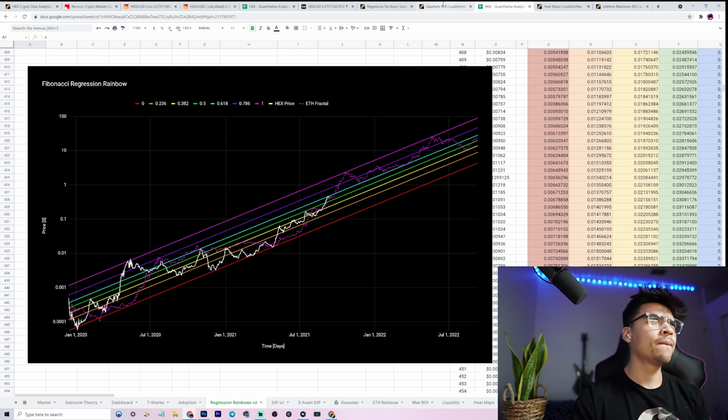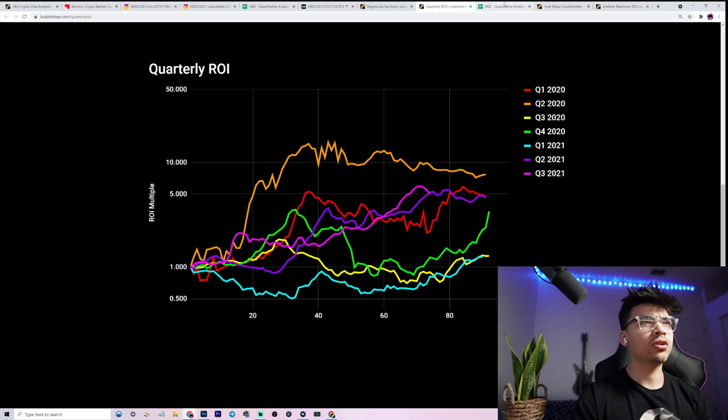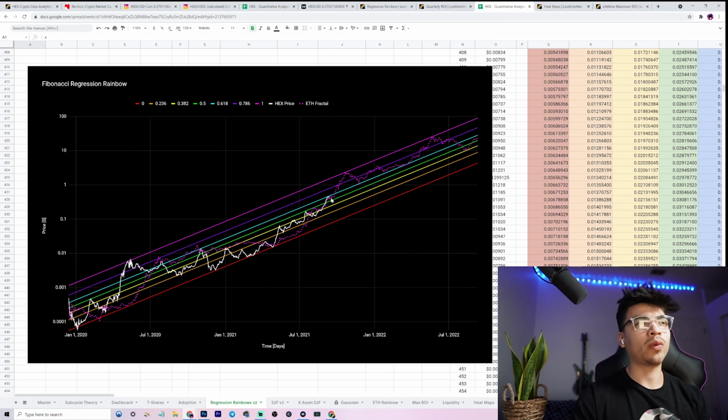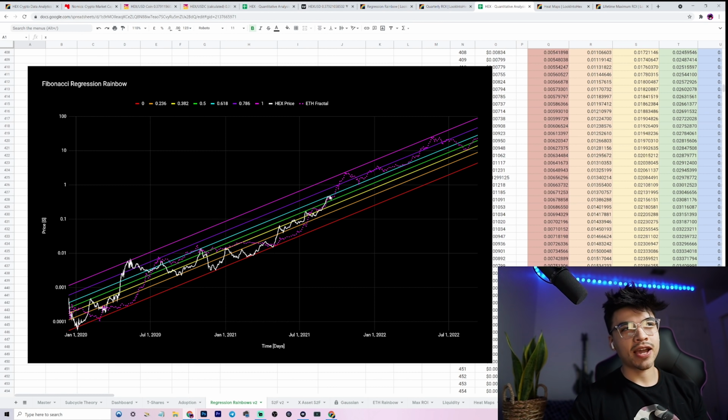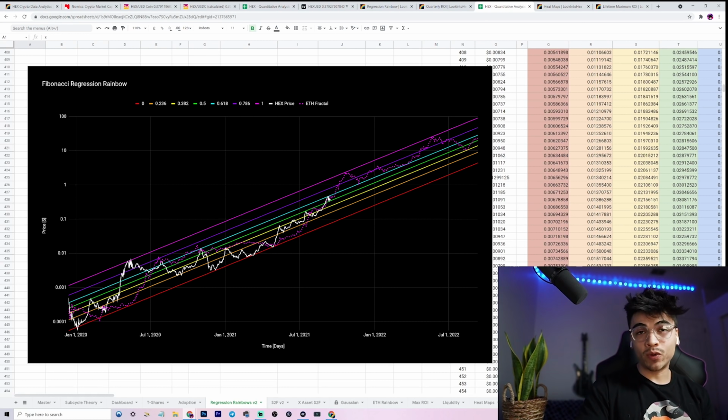This is another one, just another sort of validation for, well, we might go sideways for a bit here on the HEX versus ETH regression rainbow. It's saying if it were to track it perfectly, we would go sideways until about September 25th. So a couple weeks of sideways motion, consolidation between, again, 35 to 50 cents, hopefully.